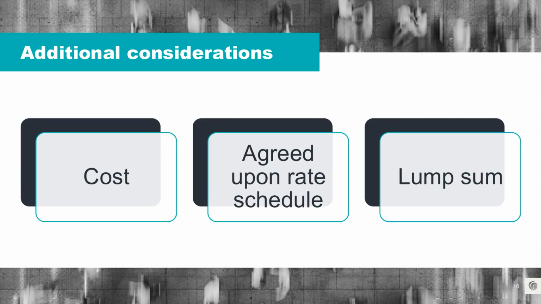Lump sums can incentivize cutting corners on labor quality or staffing, so it still requires you to monitor your deliverables closely. Each of these billing methods has pros and cons, and the key here is to apply rigorous review, verify documentation, clarify inclusions, and set up controls to protect your project from cost overruns and compliance risks.